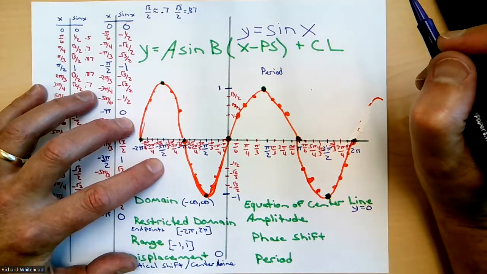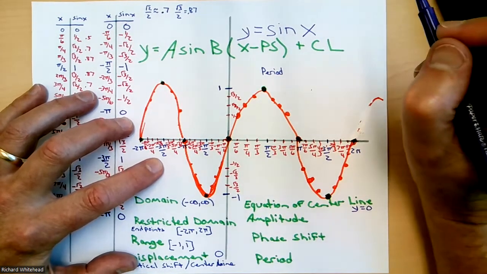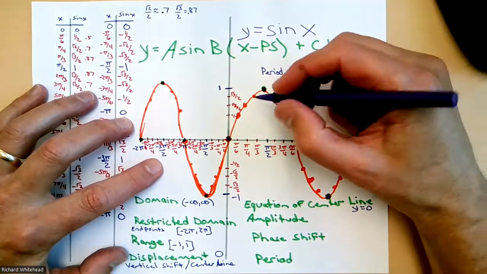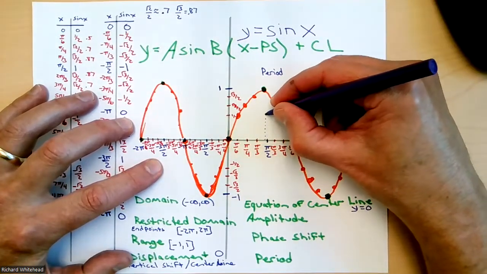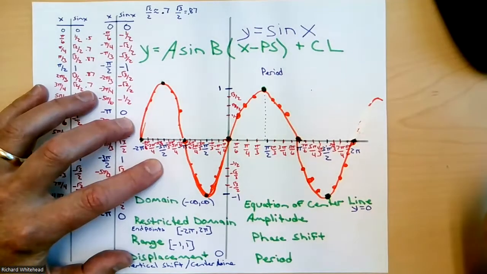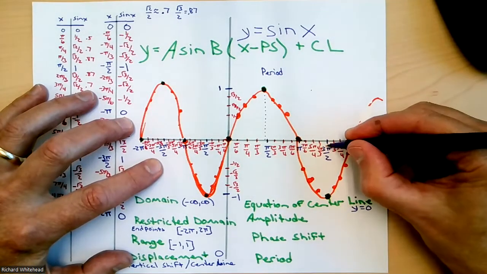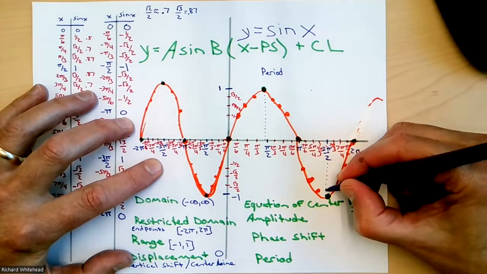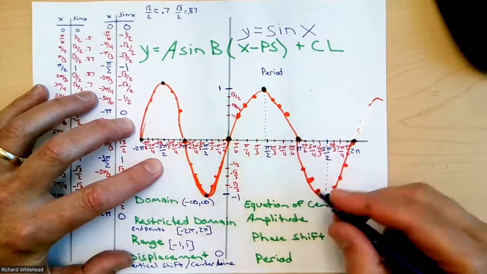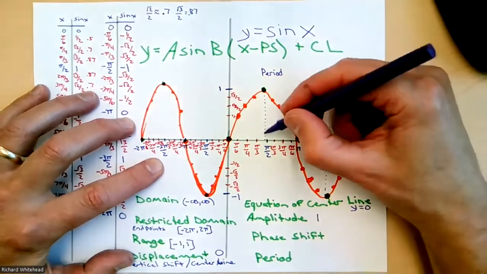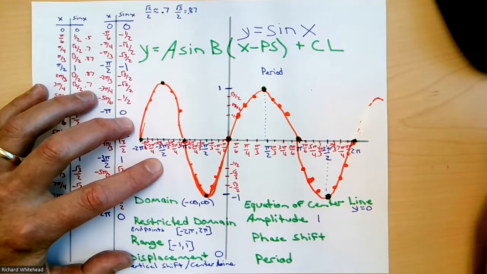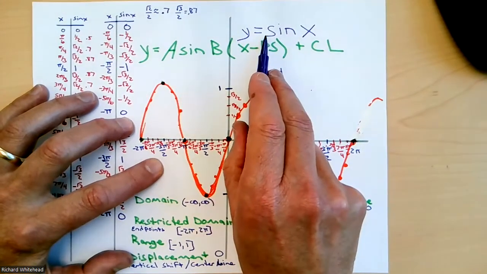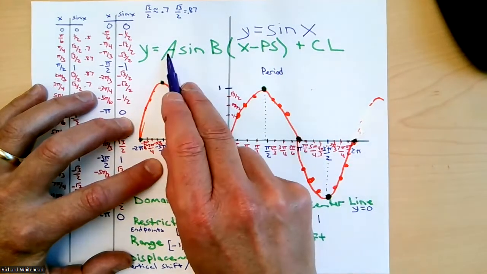The amplitude is the distance from the center to the maximum, or the distance from the center to the minimum. So in this case, our amplitude is 1 because the distance from the center to the max, center to the min is 1. Someone might say, the understood number in front of sine is 1. That's our a value.